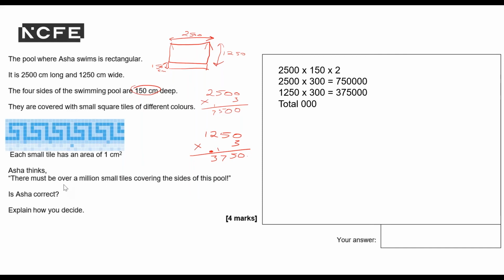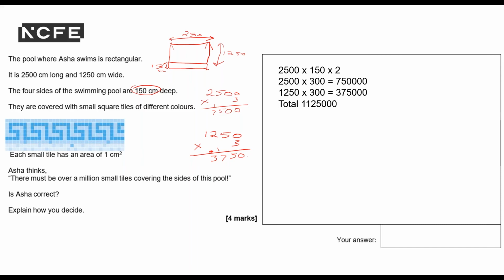Then looking down my columns, I've got 0 plus 5 is 5. So I put 5, move along. Then I've got 5 plus 7 is 12. Put the 2 and carry the 1. And I've got 7 plus 3 is 10, plus that 1 is 11. So that's my total area in centimeters squared.